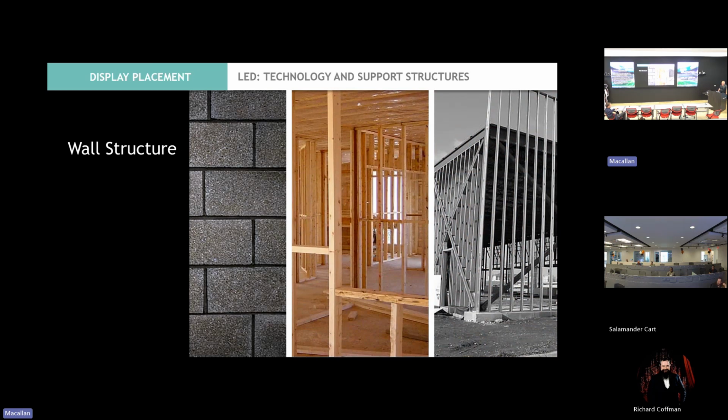Wall structures are important because you can't necessarily go into metal stud work and expect a 500-pound wall to be supported. So you'll have to make sure you have adjustments made in certain situations to support the wall. I don't know right off the top of my head on this particular wall how much it weighed, but it's a big enough wall.